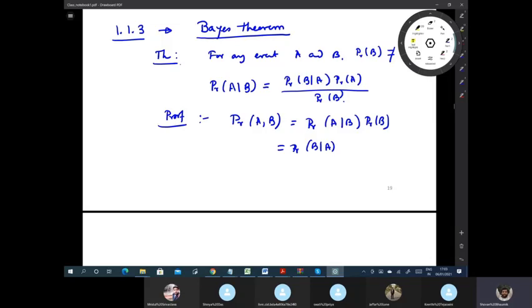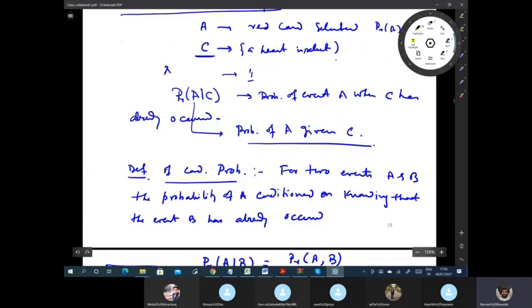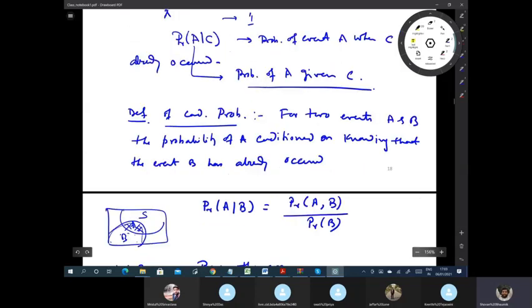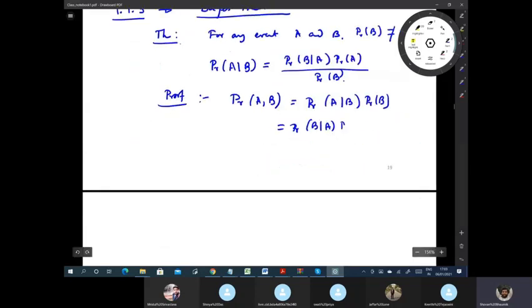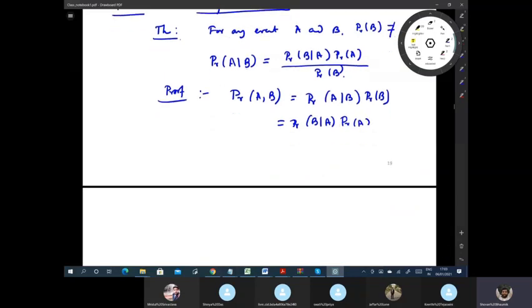From the definition I am writing this. Now if you take these two, you can quickly write P(A/B) equals P(B/A) times P(A) divided by P(B). Very simple. Now can anybody explain why Bayes theorem is so powerful and so useful? Anybody?